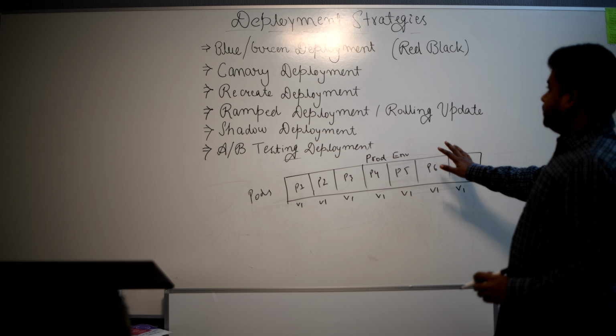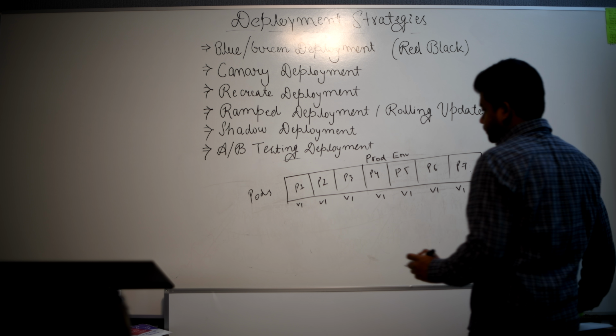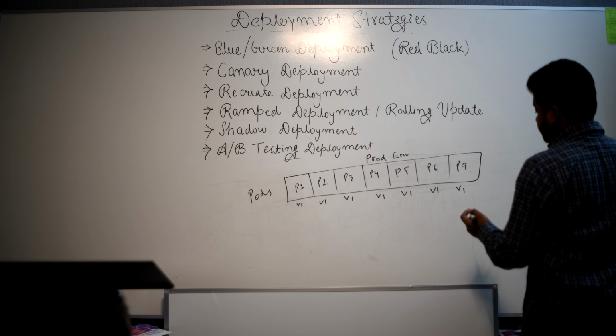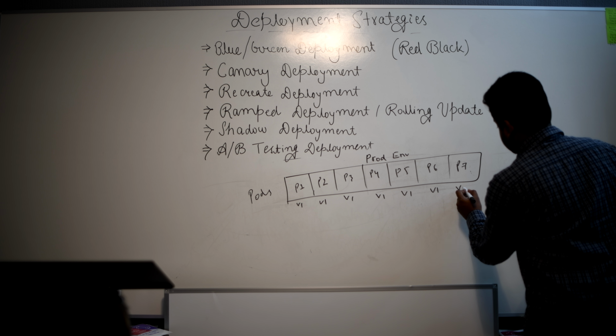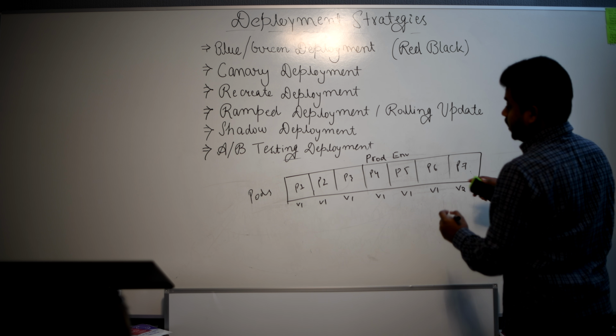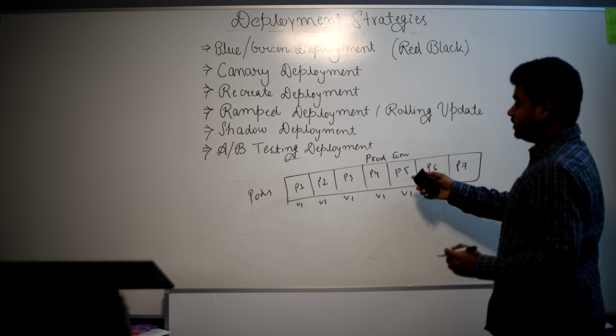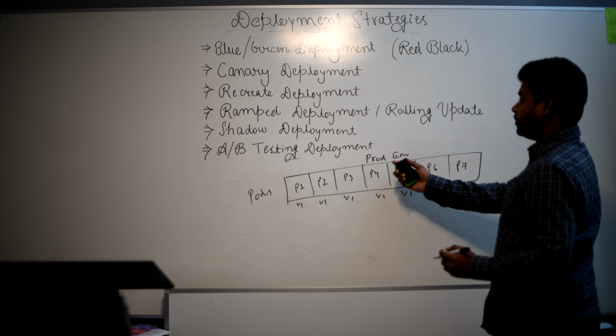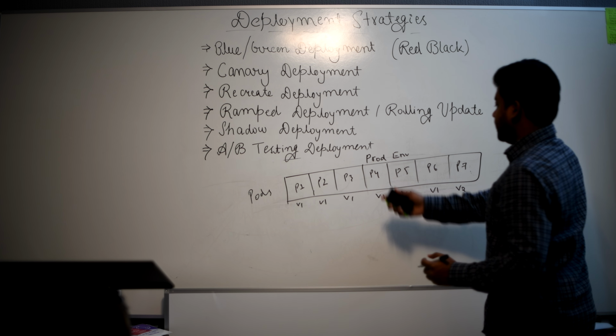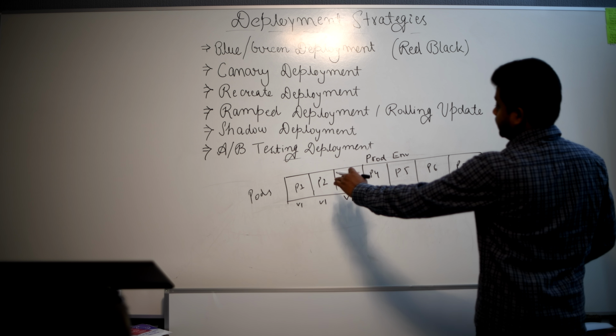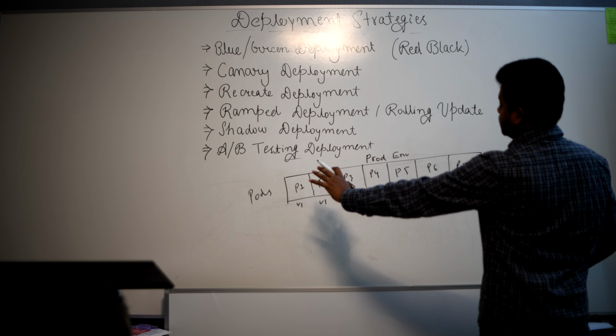In the ramp deployment and the rolling update, what we do is update one by one. We update a chunk of the production environment one by one, and then we test, and then we deploy the new version to the whole environment.